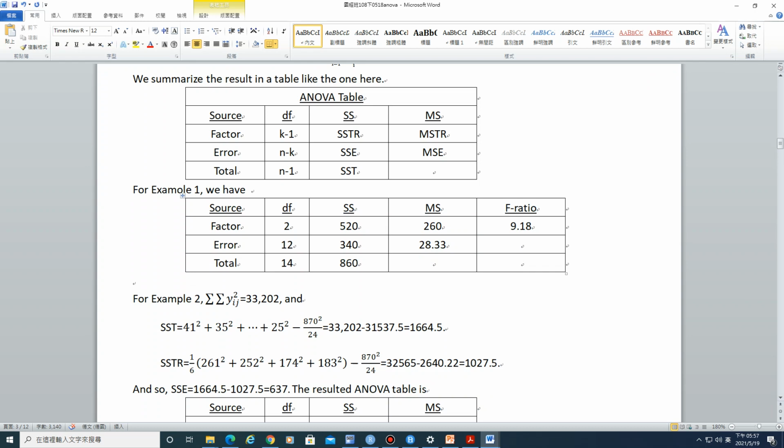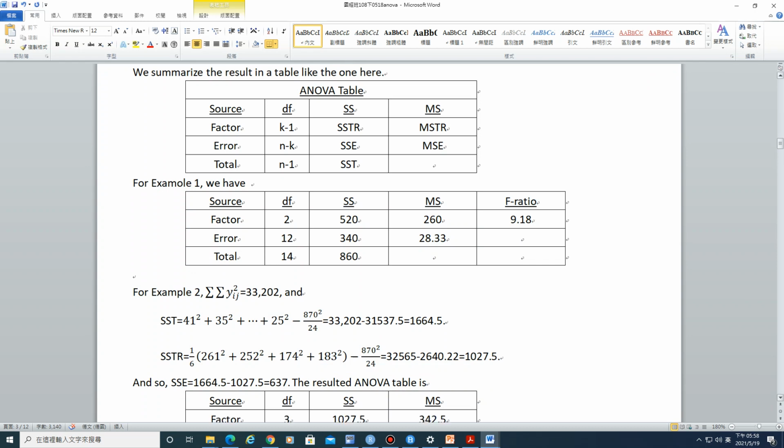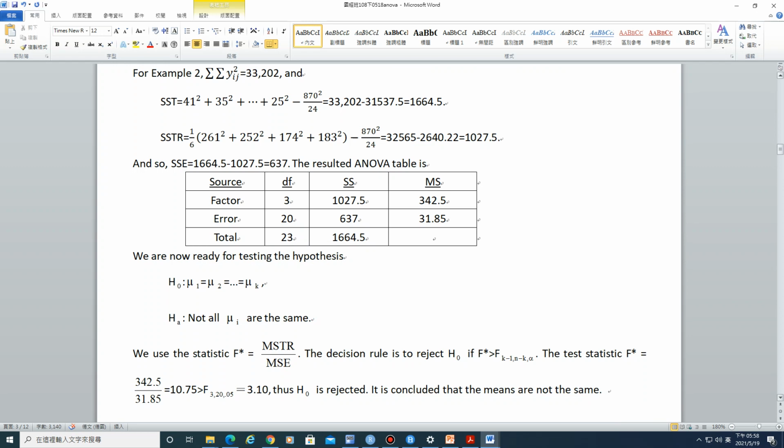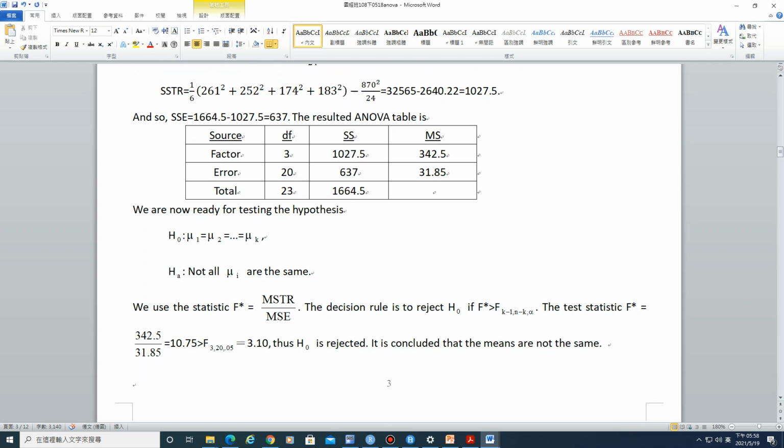And for the F test, we calculated the F ratio, the ratio of the two mean squares, 9.18, and using the corresponding degrees of freedom, we can do the test. We find from the table the critical value, and 10.75 is greater than 3.10.